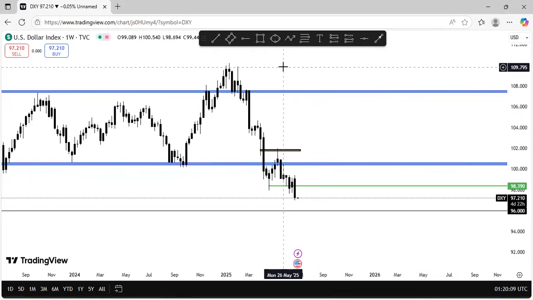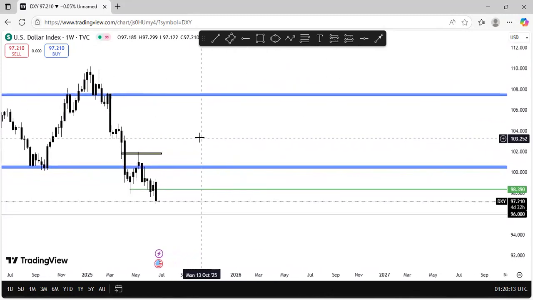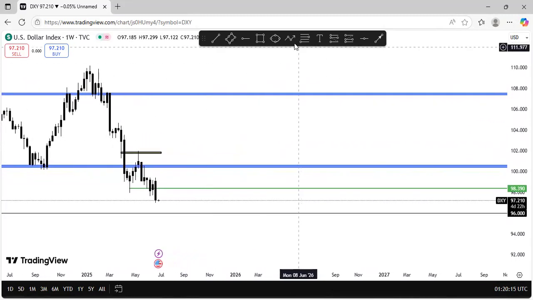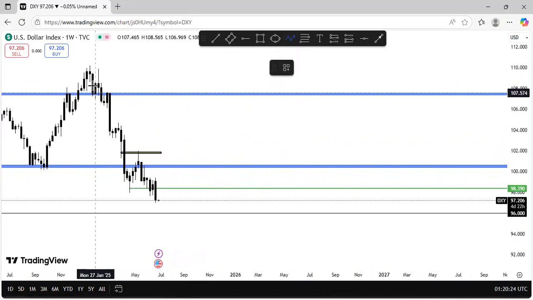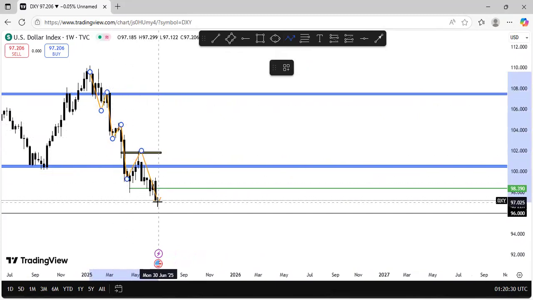So on the weekly time frame on the XY, it's basically showing the dollar declining. For some weeks now, even months, the dollar has been declining, declining, declining. It shows the weakness of the dollar. We can see the lower highs and lower lows, lower highs and lower lows.